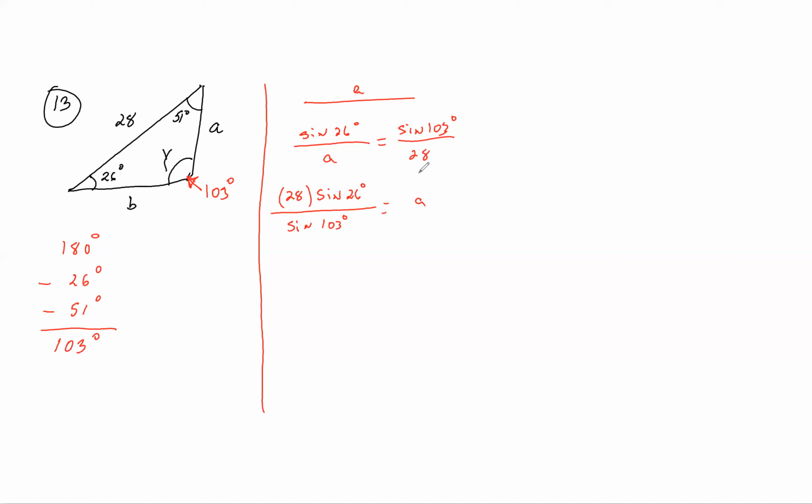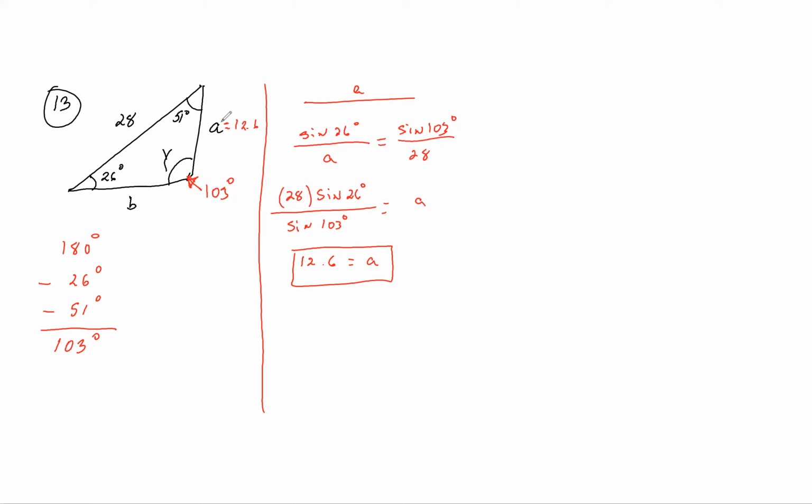We multiply 28 times sine 26, and we divide it by 103. Okay. Now, what is missing?